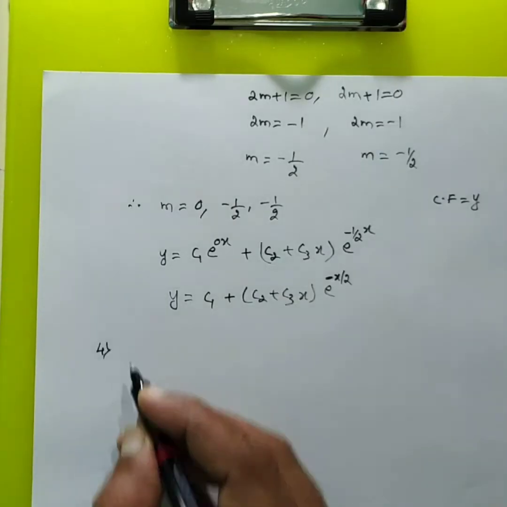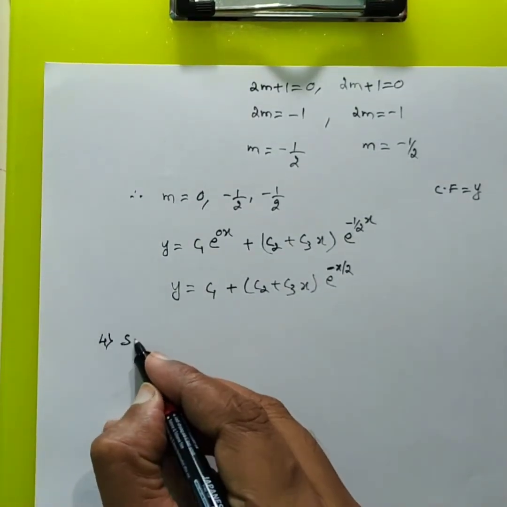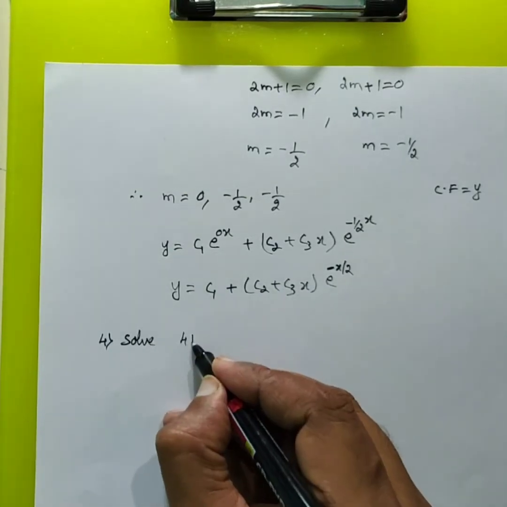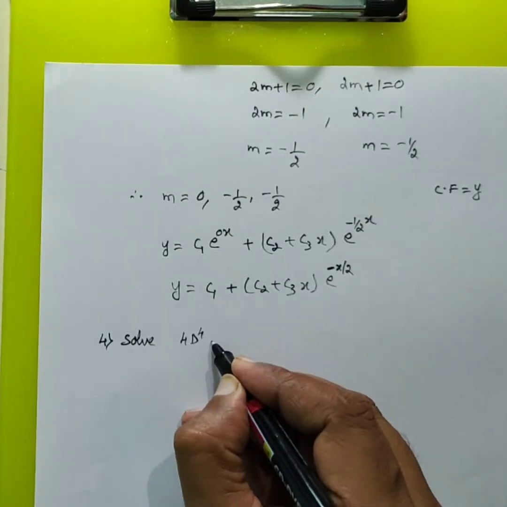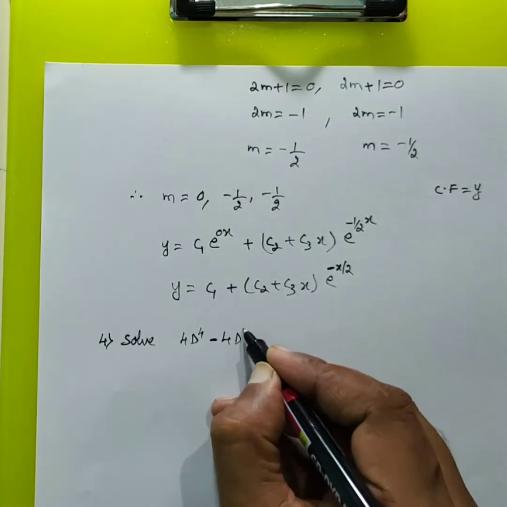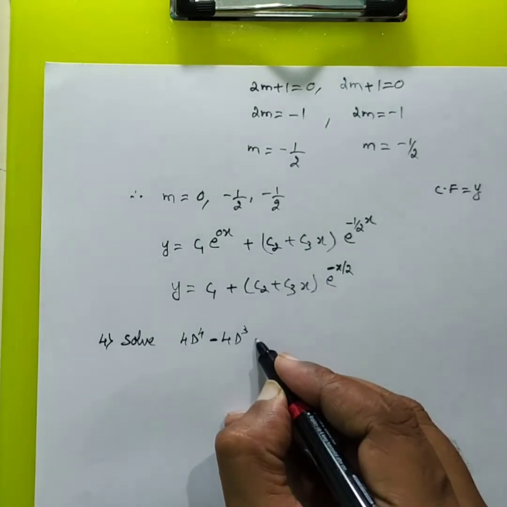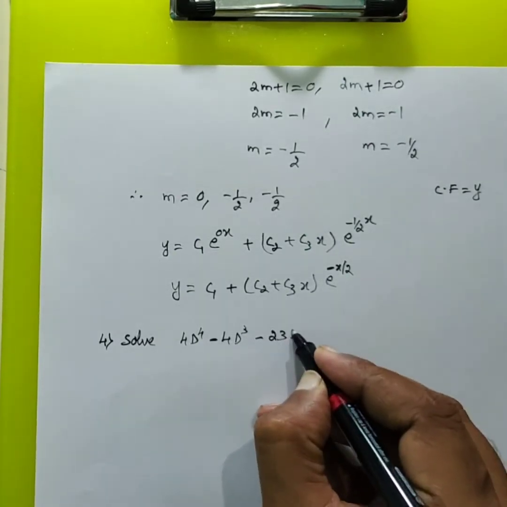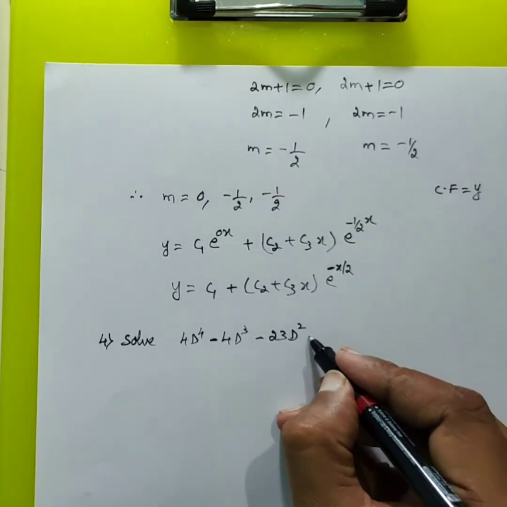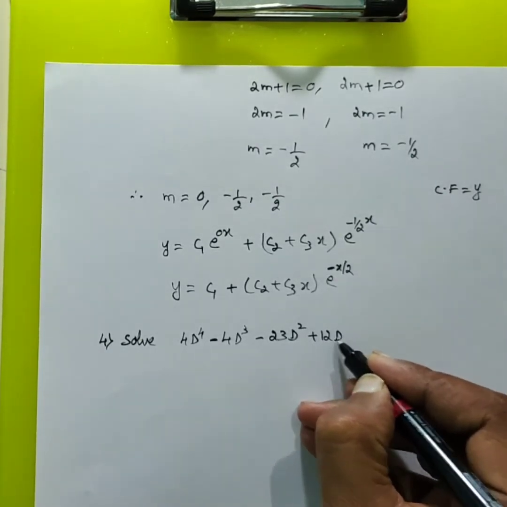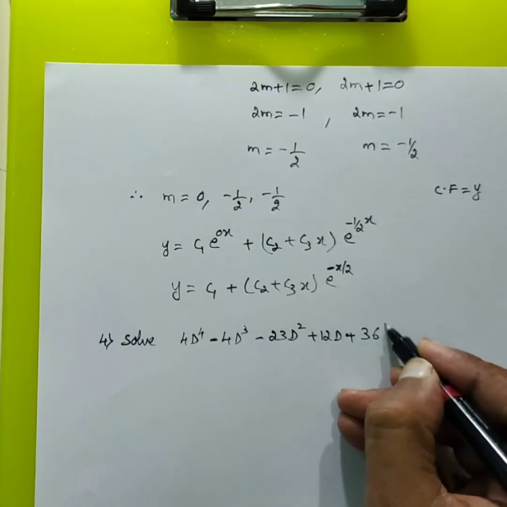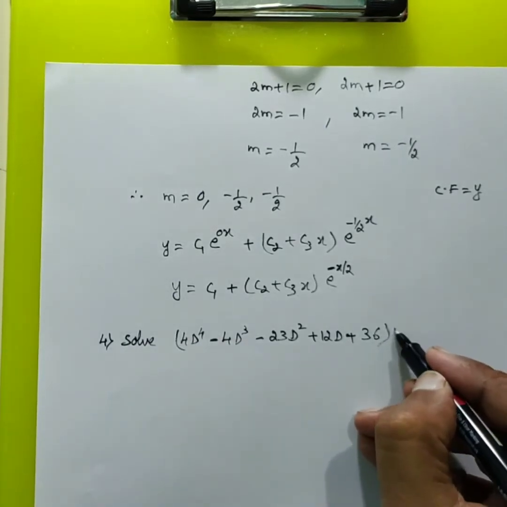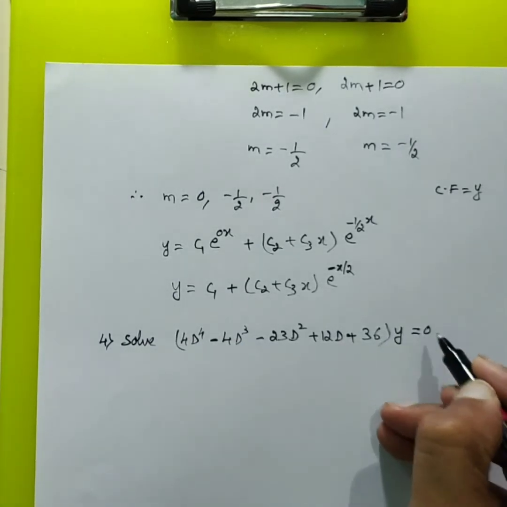Let us take the next question. Solve 4D power 4 minus 4D cubed minus 23D squared plus 12D plus 36 times y equals 0.